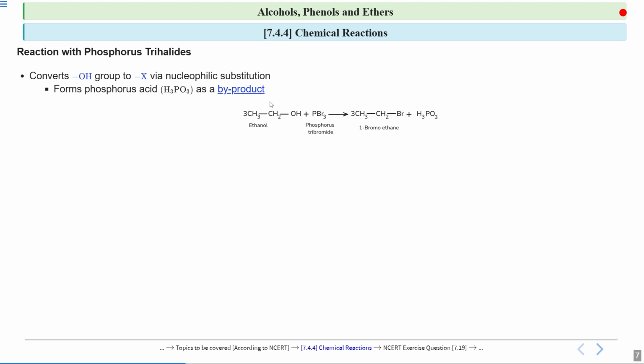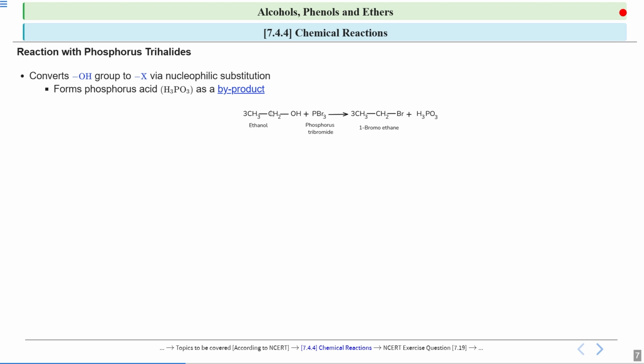So how will I make this alcohol an electrophile? I will protonate this alcohol. When I protonate it, it will become OH2 plus. Oxygen will not tolerate the positive charge, so the water will leave from here, and on this carbon there will be a positive charge. So a carbocation will be formed.